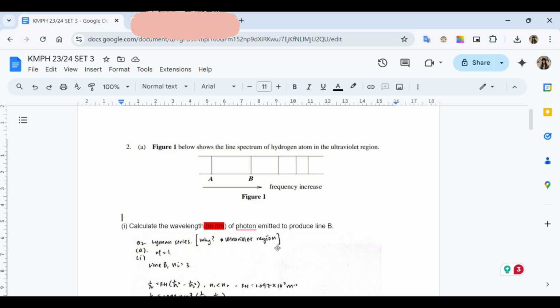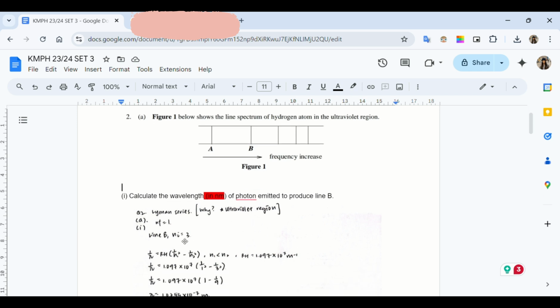So we can know that the n final will be equal to 1. So no matter how far you reach for each of the lines, the nf will be equal to 1. So for A, this is the first line formed for the line spectrum. So the ni will be equal to 2, and then line B will be from n=3 to n=1.